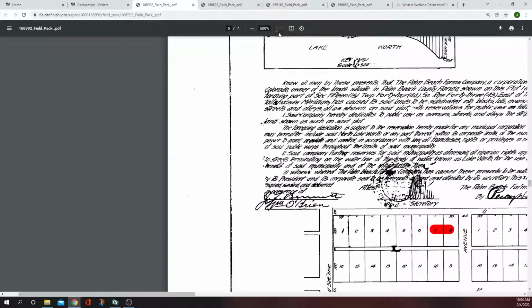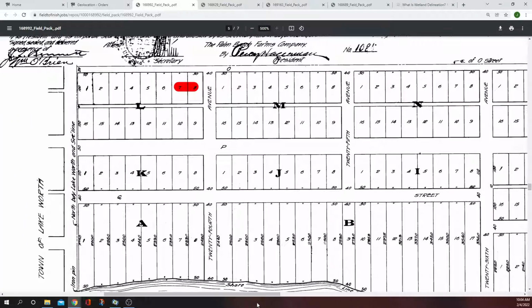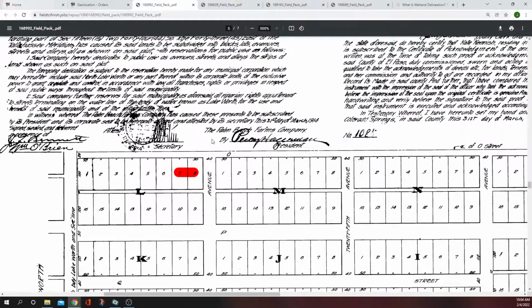So, all right. On this scenario, first thing I would do again is, I look at my deed and then I go to the primary control points. I go to my block corners.